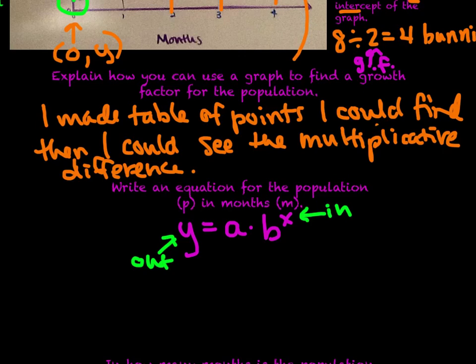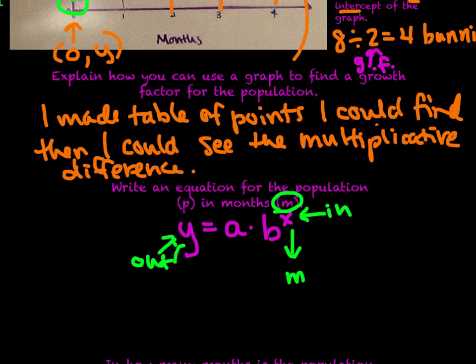Well, we know our independent variable in this situation. If we wanted to look at the next month and the next month and the next month, that means our independent variable is m. So our x value is going to be m. That's our months. That's the time that goes by. Oftentimes, time ends up being our independent variable, so keep that also in mind.